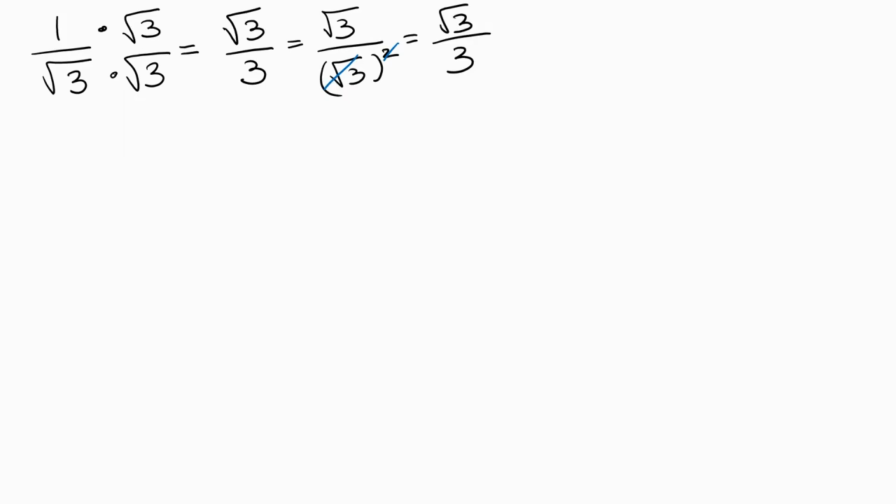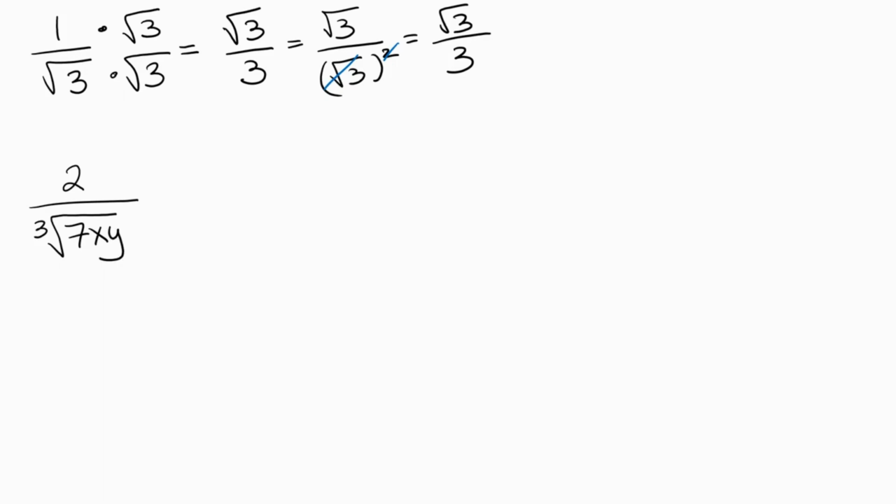Let's look at one more example, just so we take a look and see what's going on. Let's say we had 2 over the cube root of 7xy. Now, again, I have the situation on the bottom. It's not great. I need to get it out from the bottom.